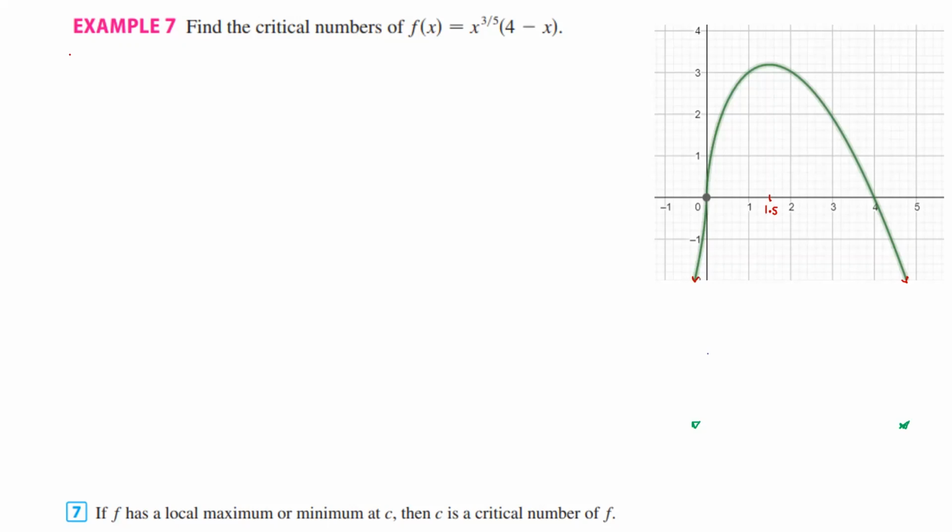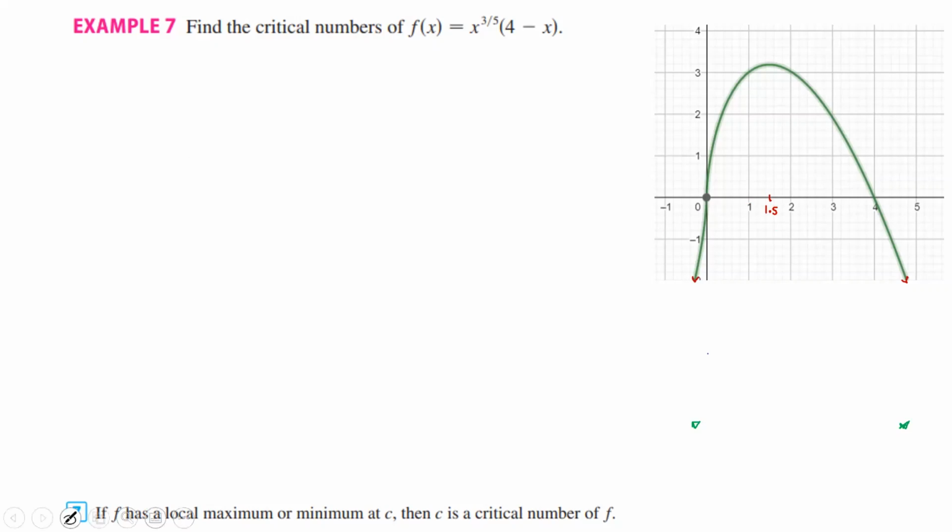What if we compute this algebraically or analytically? Do we find only one critical number, or can we find other critical numbers aside from 1.5? And of course, the question is, is one of the critical numbers really equal to 1.5?